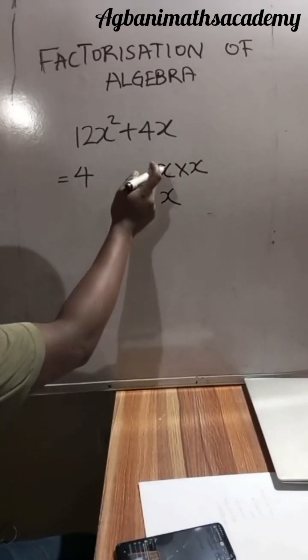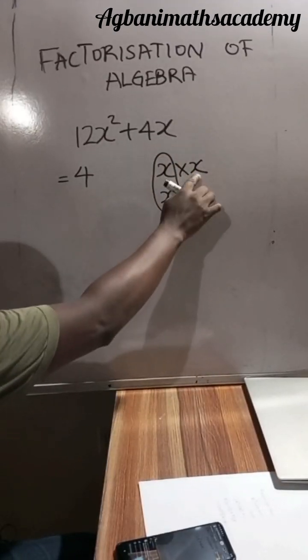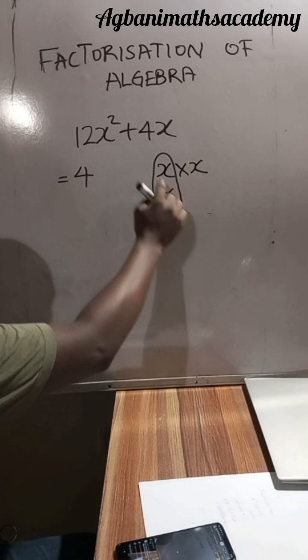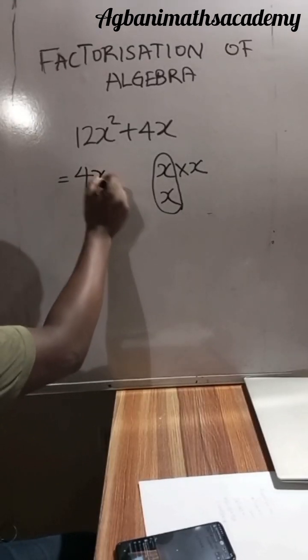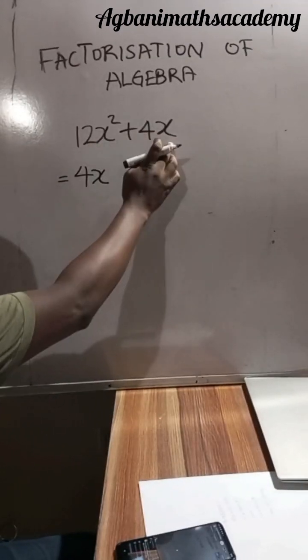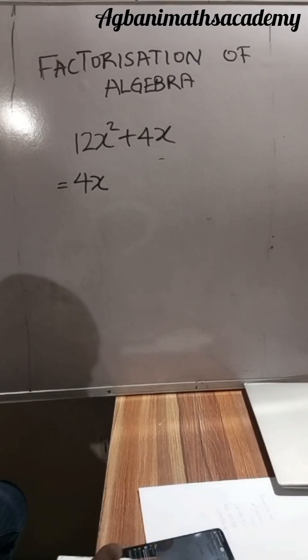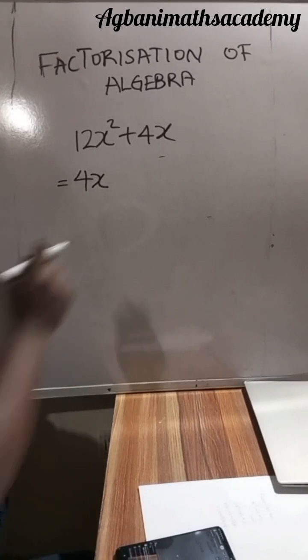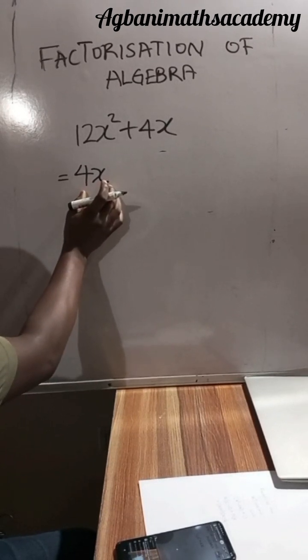What is common is x, so what we are going to have outside the bracket is x. From yesterday's class, we said if an alphabet is appearing twice, you pick the one with the smaller power as the common factor.